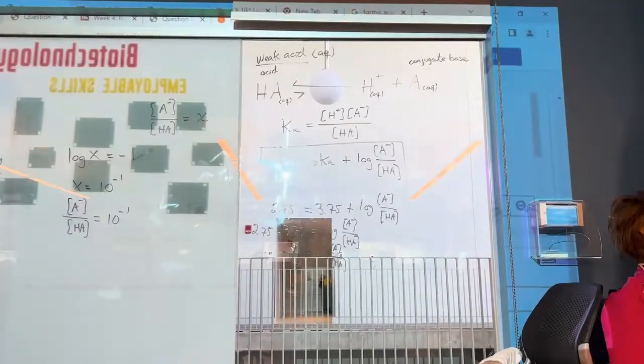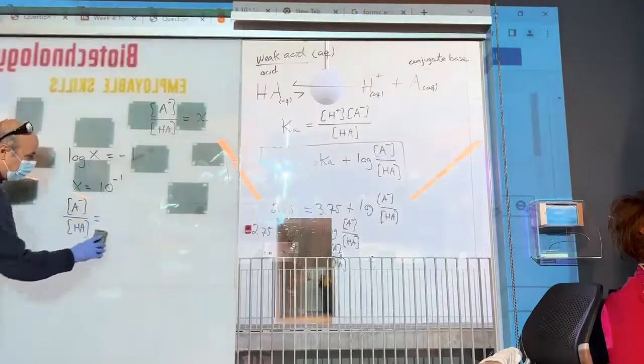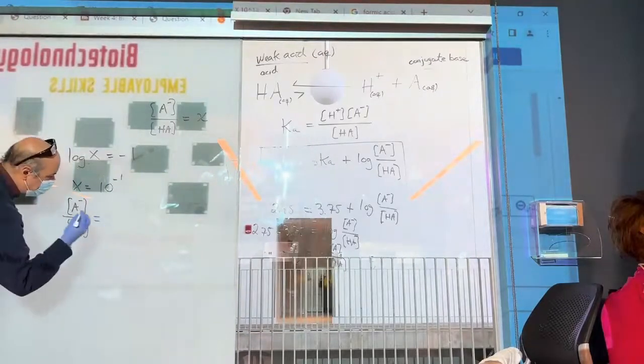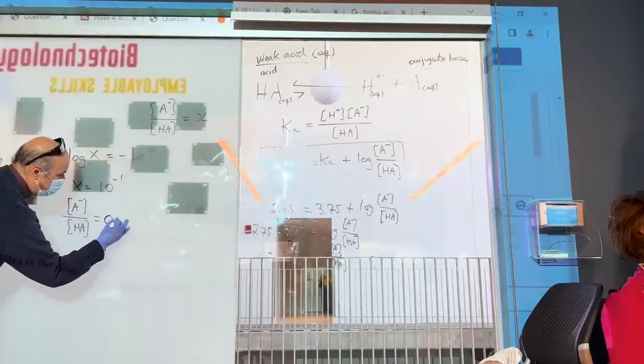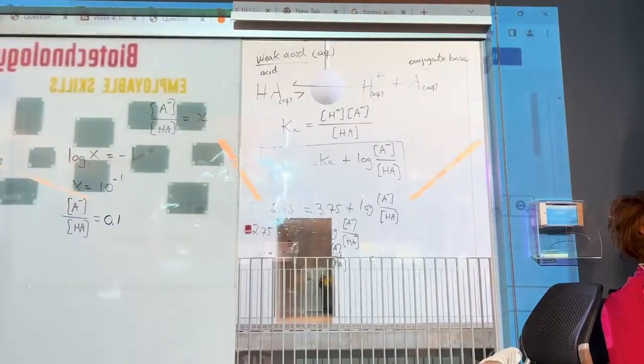Let me put that in decimal. It's just going to make things a little bit more clear. 0.1, right? 10 to the negative 1, 0.1.